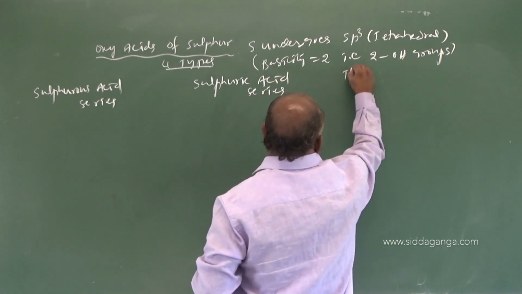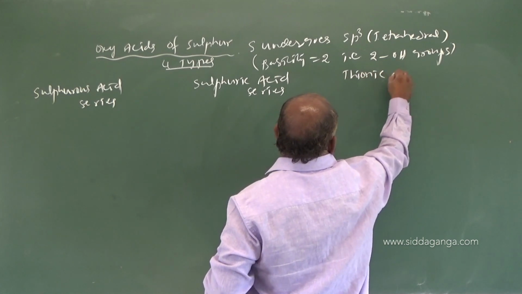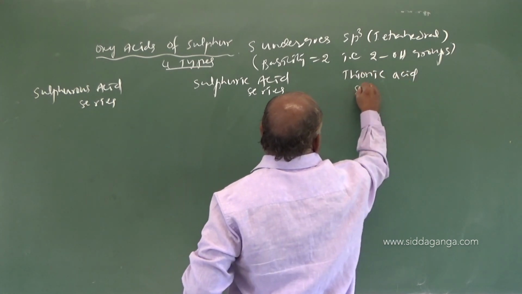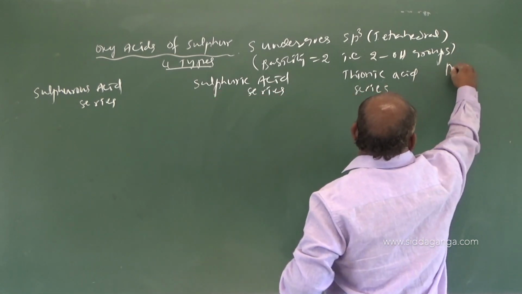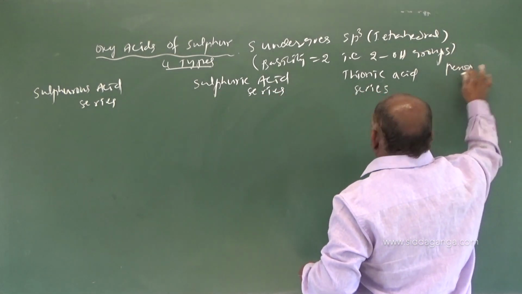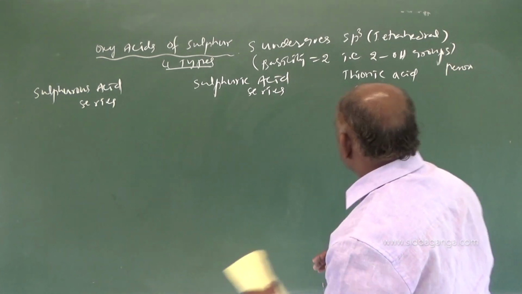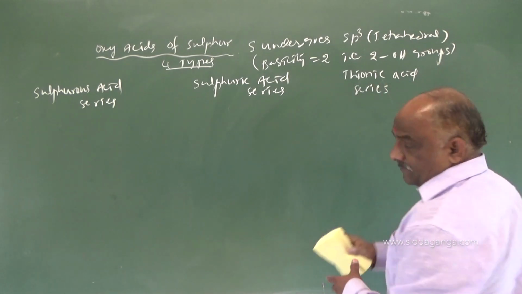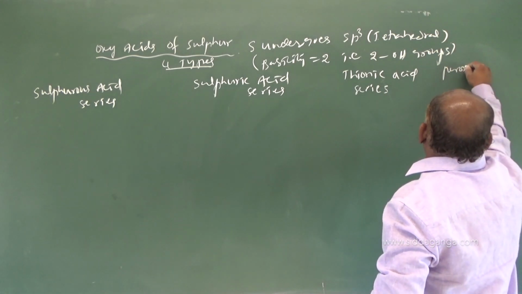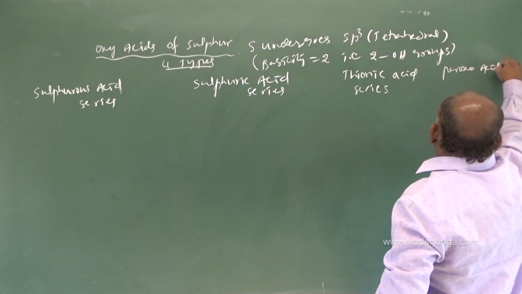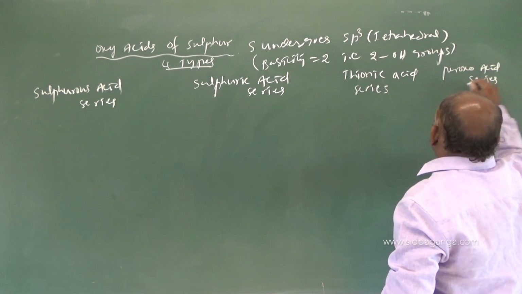Type 3, thionic acid series. And type 4, peroxo acid series.